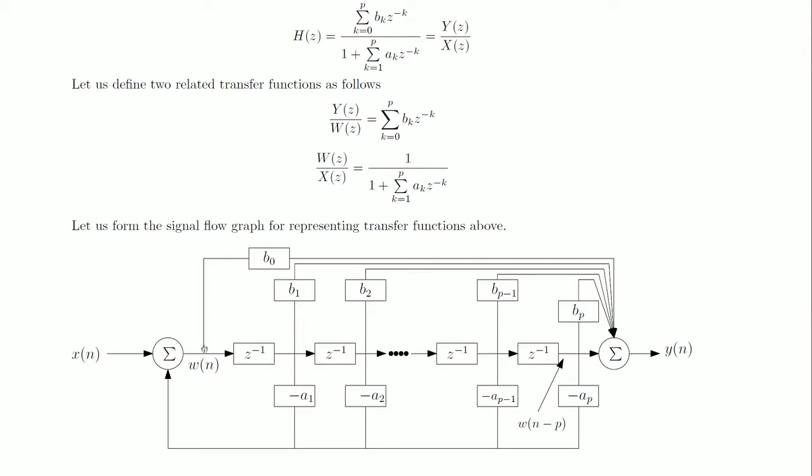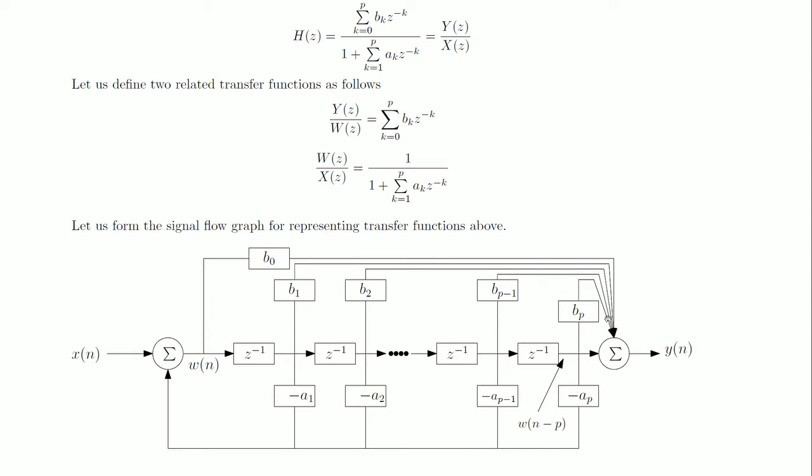In the forward path we have all these b i's which are connecting the outputs from the tap delay line. So, w of n is just at the output of the summer, and this goes through the gain b naught and then goes to the output summer, y of n.